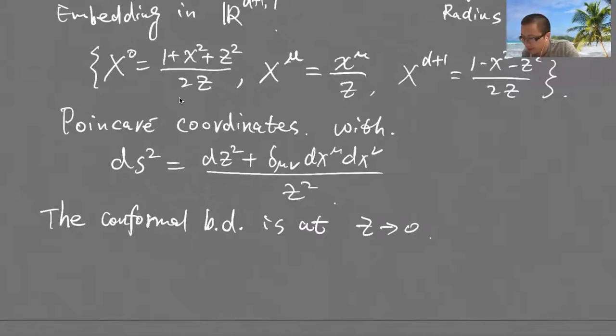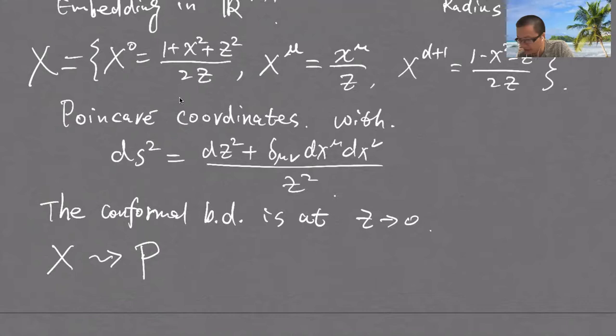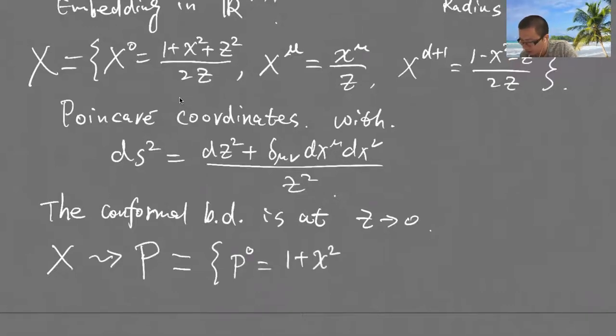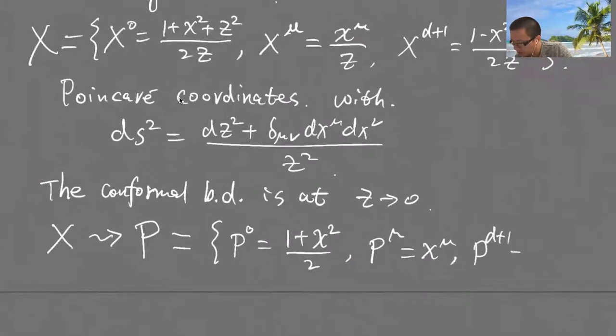So we can see that when z goes to 0, at the boundary, I would denote it as P. Up to overall scaling, P0 is equal to 1 plus x squared divided by 2, P mu is simply x mu, and P_{d+1} is simply 1 minus x squared divided by 2.